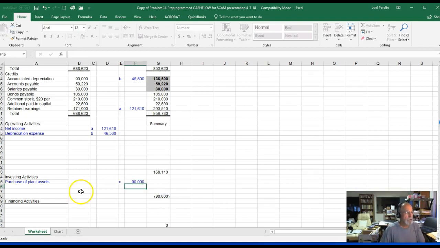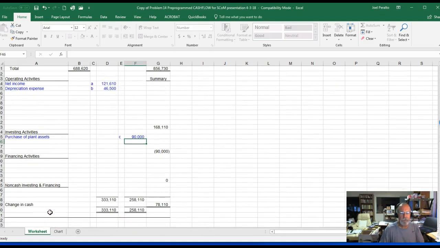Now, as far as the $75,000 payment through issuance of bonds, I think the best way to categorize that, and actually the correct way, is to show it as a non-cash financing activity. And why is it classified as non-cash?